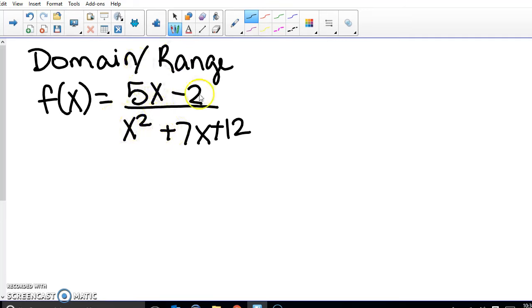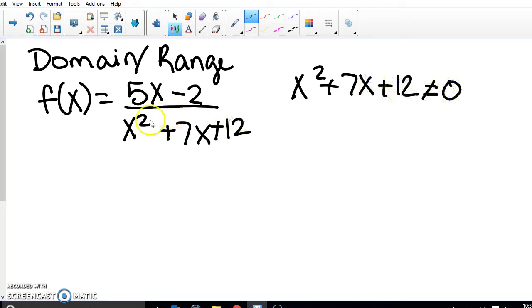Looking at this, we can plug in any value of x. But if we look at our domain, when we have a fraction, our denominator cannot equal 0. So x squared plus 7x plus 12 cannot equal 0. We do not want the values of x that are going to make our denominator 0, so we need to exclude those.